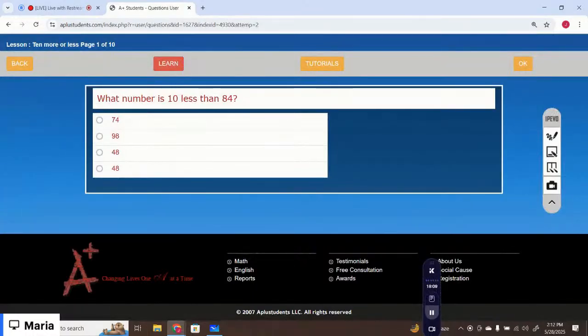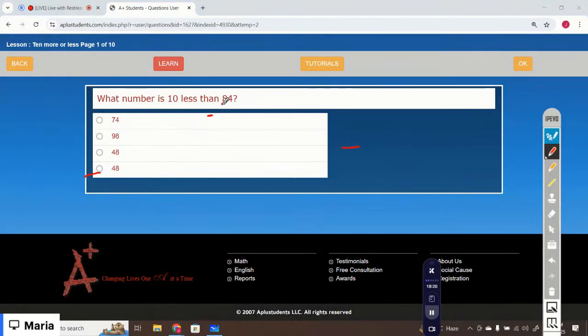What number is 10 less than 84? So now 10 less than 84. That means we need to subtract 1 from the tens digit. So 8 minus 1 is 7. So 10 less than 84 is 74.